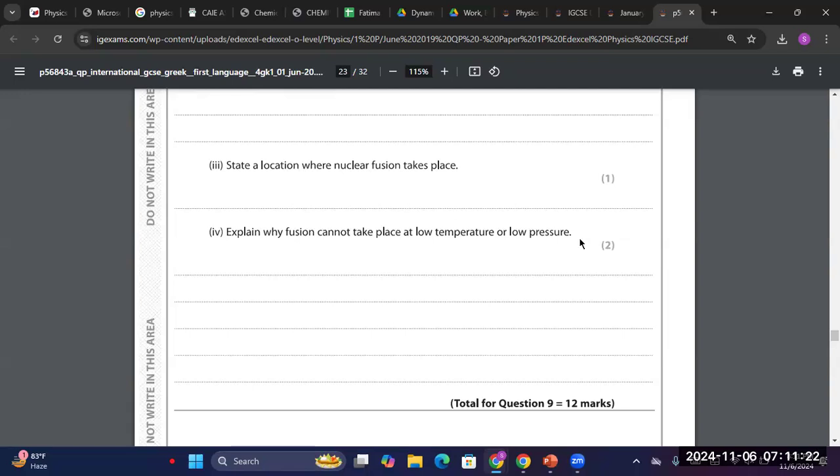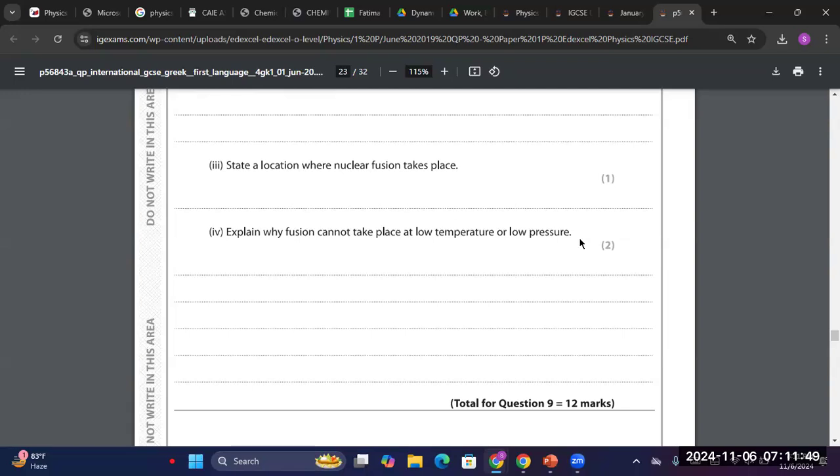So nuclear fusion only happens where? At the stars. Okay. And the reason it only happens in the stars is because we are trying to fuse nuclei. In nuclear fission, we just want to break it, right? And how do we break it? By throwing a neutron at it. That neutron, by the way, has no charge, so it will easily go towards the nucleus. But over here, I'm taking two nuclei and trying to force them together.